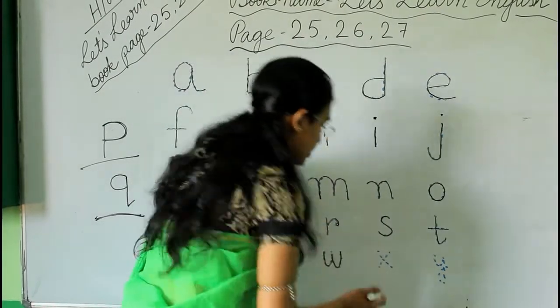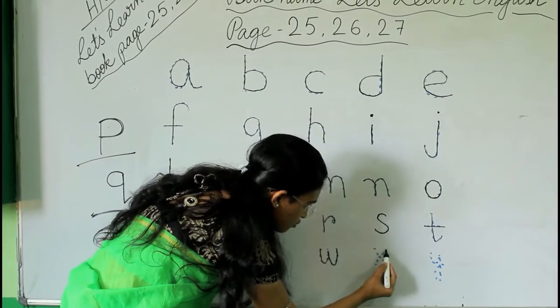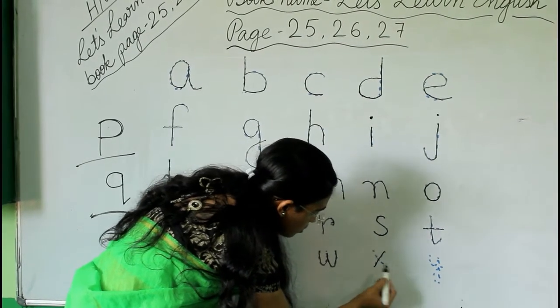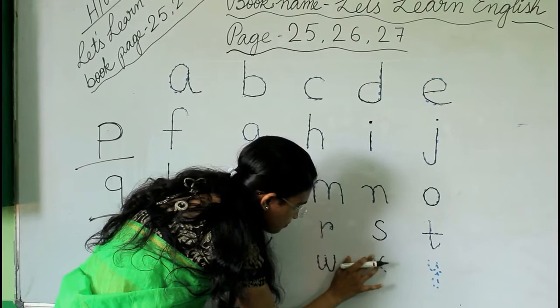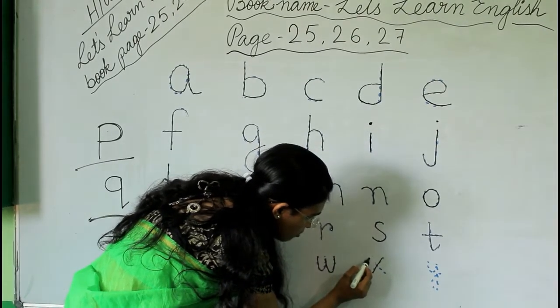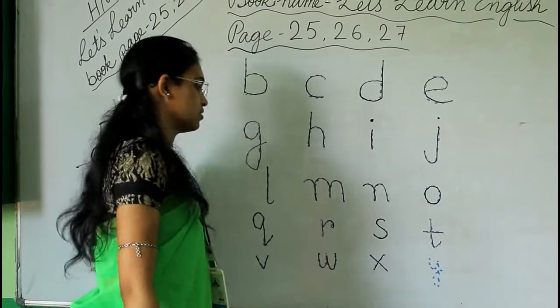Then, which letter is this? X. For making X, what you have to do? First, you have to draw a slanting line from right to left. Then, we have to draw another slanting line from left to right, like this.